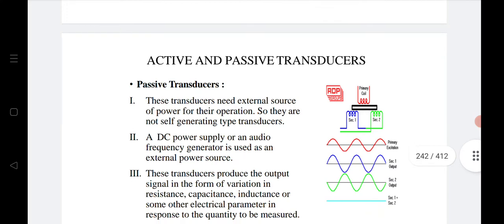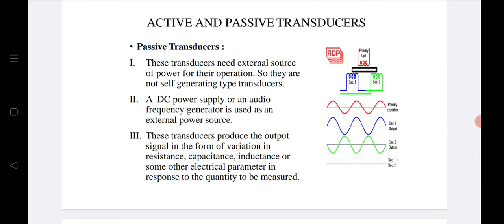Now let us go to the passive transducer definition. What do we mean by a passive transducer? In an active transducer, we do not apply any external power source, whereas in a passive transducer, we apply an external power source.